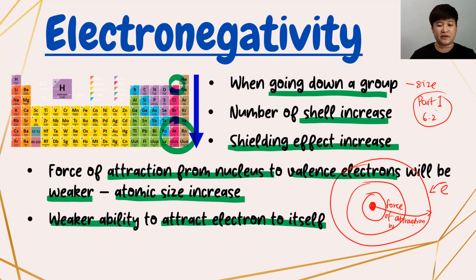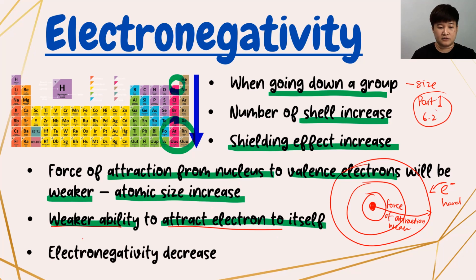So when the force of attraction is extremely weak, it is very hard for the electron to go in. Therefore, it will have a weaker ability to attract electrons to itself. When the ability to attract electrons is very low, therefore, the electronegativity will decrease when the size increases.